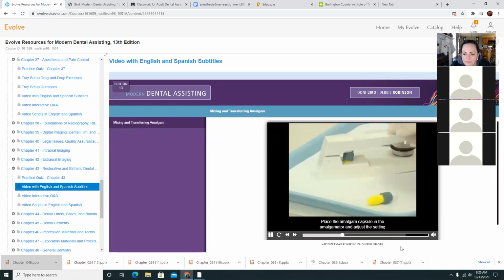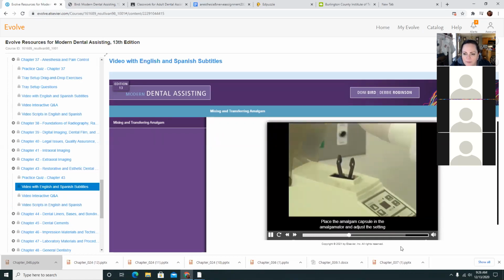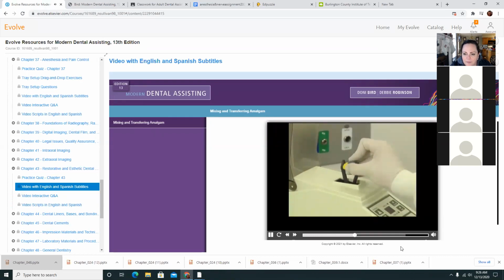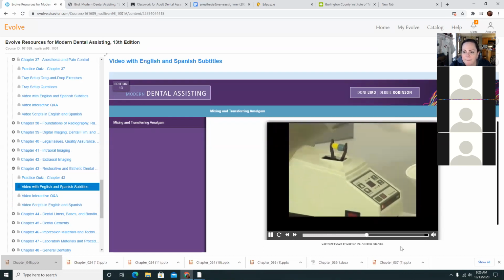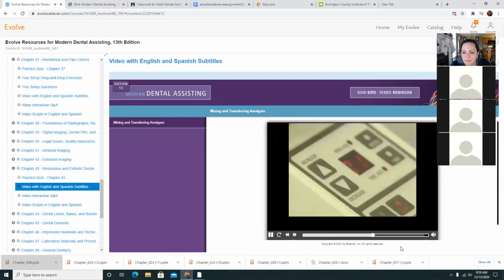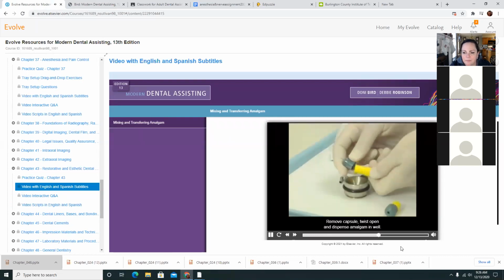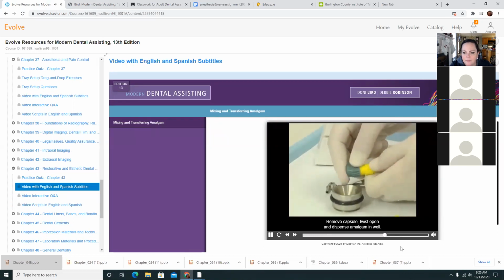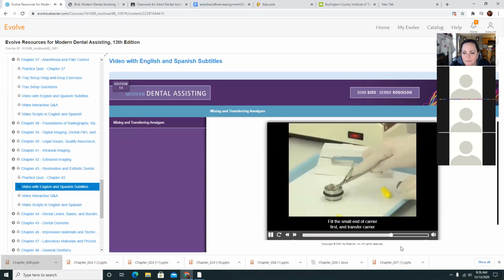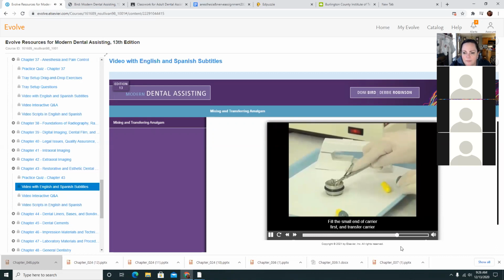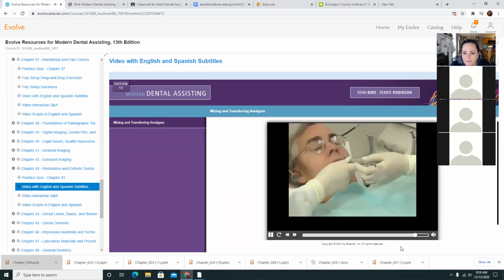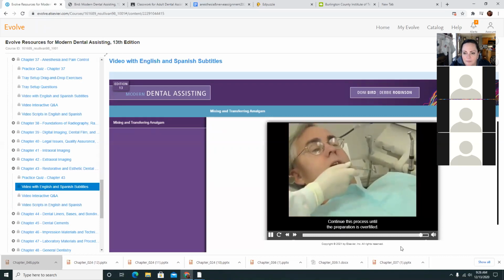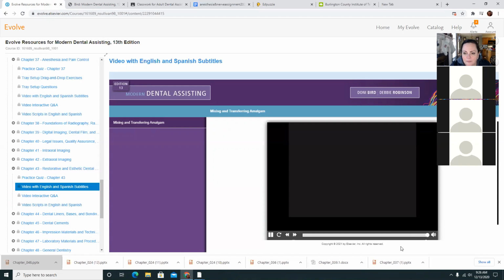Place the amalgam capsule in the amalgamator and adjust the setting for the type of amalgam being used. Remove capsule, twist open, and dispense amalgam in well. Fill the small end of carrier first and transfer carrier to the operator, making sure the end of the carrier is directed toward the preparation. Continue this process until the preparation is overfilled.